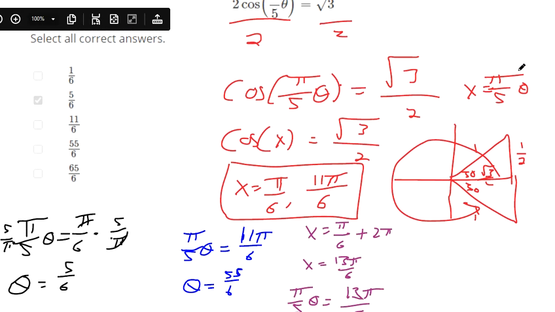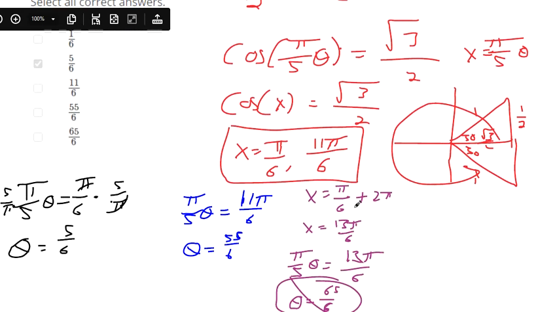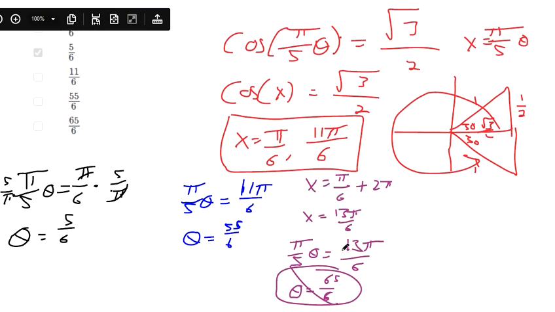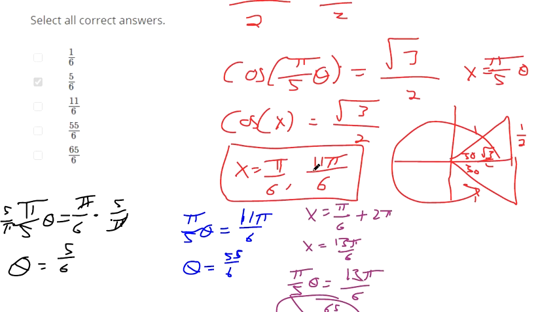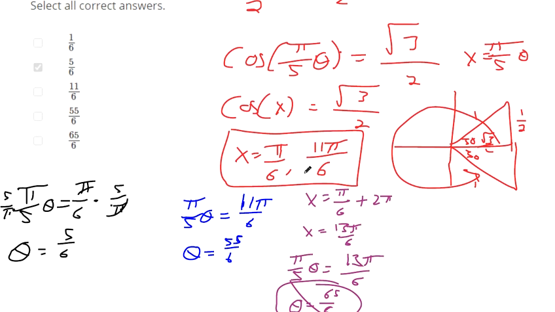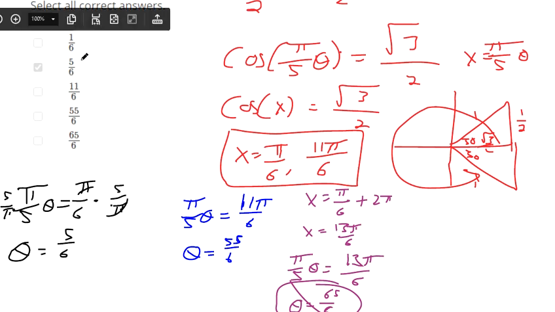Yeah, so I think all the other ones are going to be out too. If we added 2 pi, that gave us a solution that was too big. If you had 4 pi, you're definitely going to get another solution that's too big. And same thing here, if pi over 6 plus 2 pi was too big, then 11 pi over 6 plus 2 pi is definitely going to be too big. Okay, so 5 over 6 is a solution. Then we also had 55 over 6.